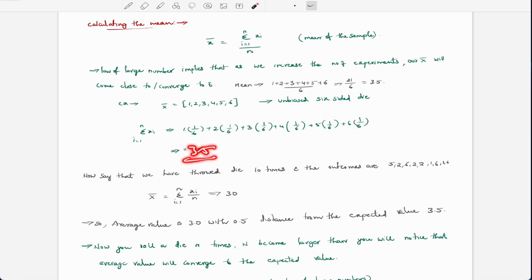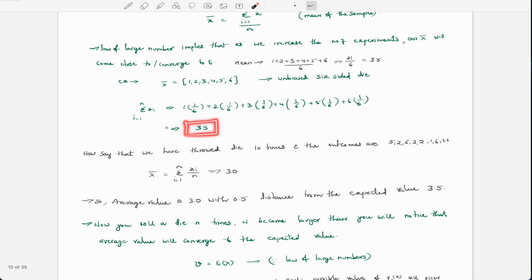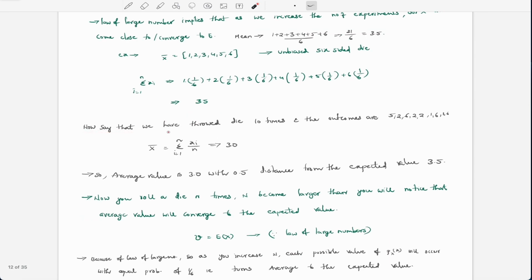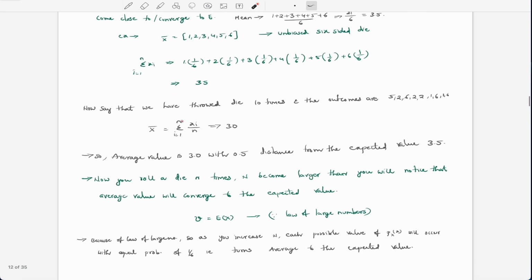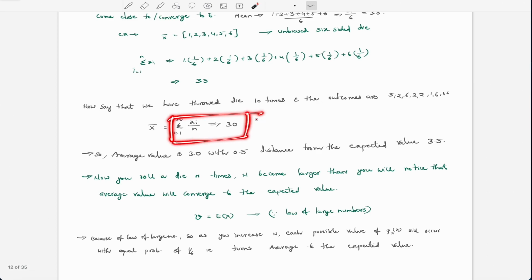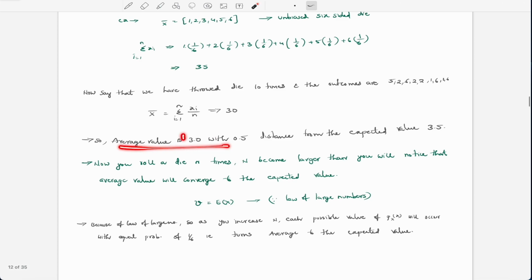Then we're going to find the mean of that sample, right? Say we throw a die 10 times, and the outcomes are 5, 2, 6, 2, 2, 1, 6, 1, 6, and so on. We calculate the mean of that sample, and we get 3.0, right? So the average value is 3.0, with a 0.5 distance from the expected value.